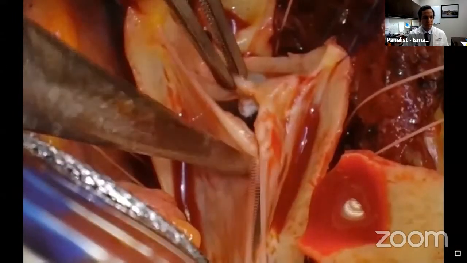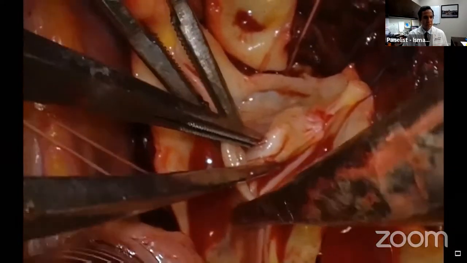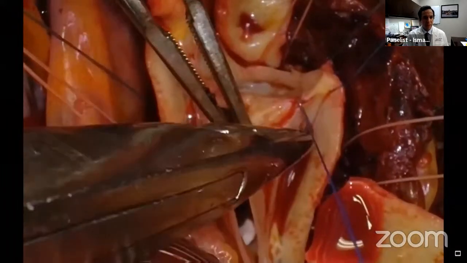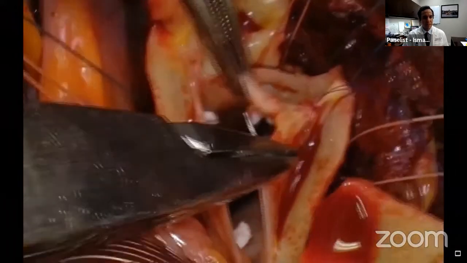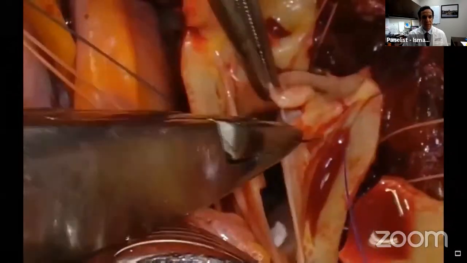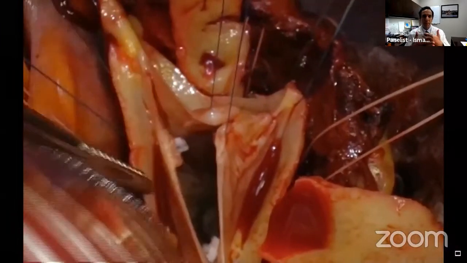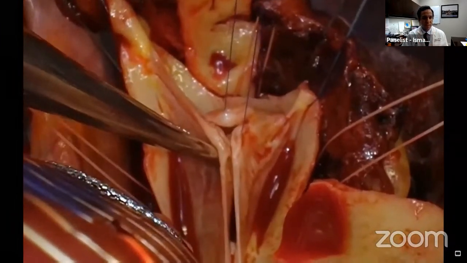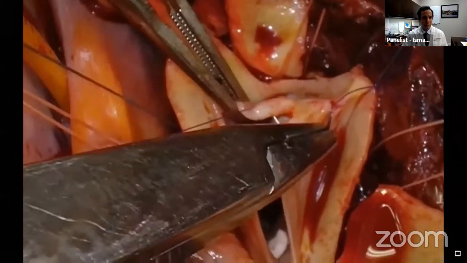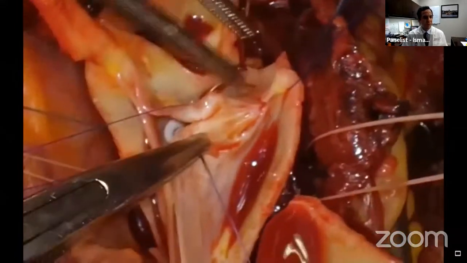Now, before doing the remodeling, we do the leaflet repair first. And here I'm just mimicking once we fix the leaflet. Remember, the commissures here will be positioned at 180 degrees. And so all you're trying to do is really to make both lengths of free margins equal in between the non-fused and the fused leaflet, as well as correcting the prolapse of the fused leaflet.